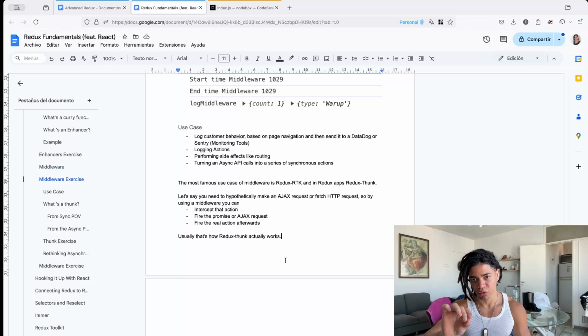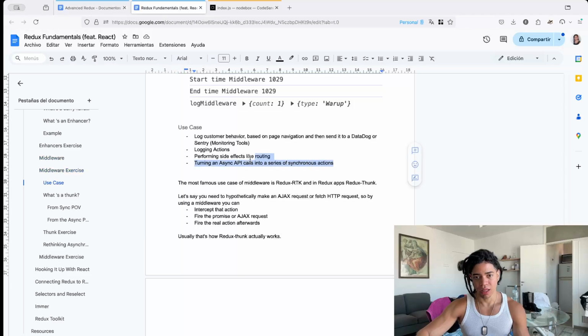So middlewares also help you here to not only handle this use case for logging the user activity as it navigates, so logging actions as well, and performing side effects here. Not only routing, but also turning the async API calls into a series of synchronous actions like this.